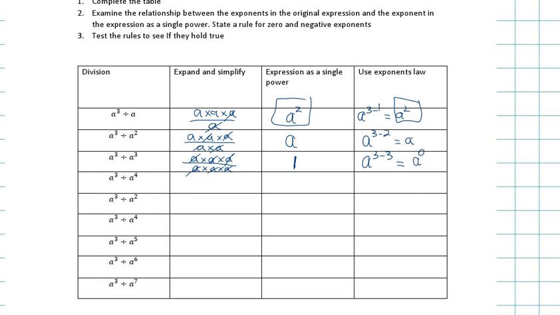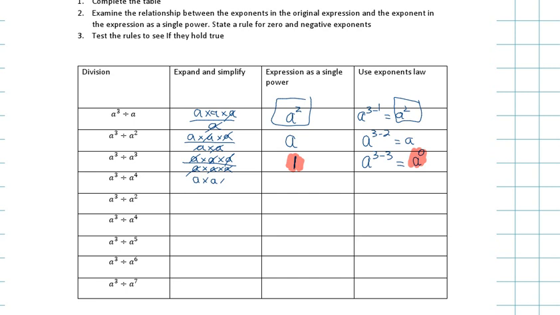So here's something that you probably want to pay attention to. A to the power of 0 is equal to 1. This is a rule that we're going to learn. Anything to the power of 0 is equal to 1. That's correct. Okay, a to the power of 3 over a to the power of 3.